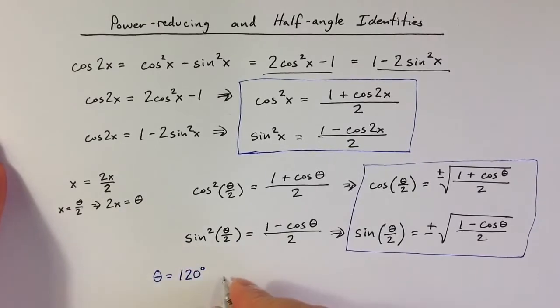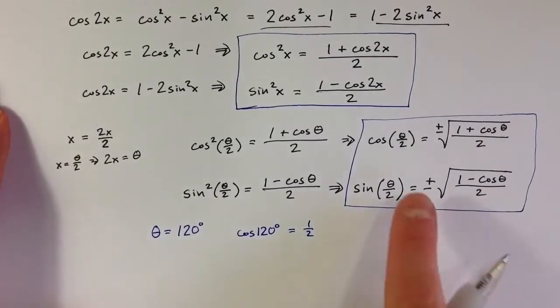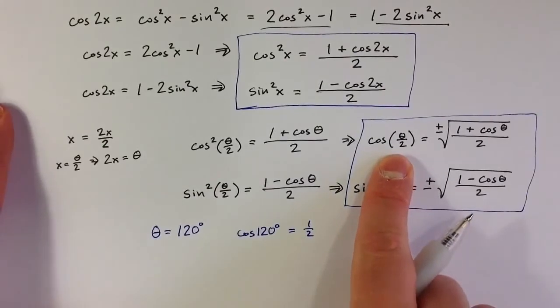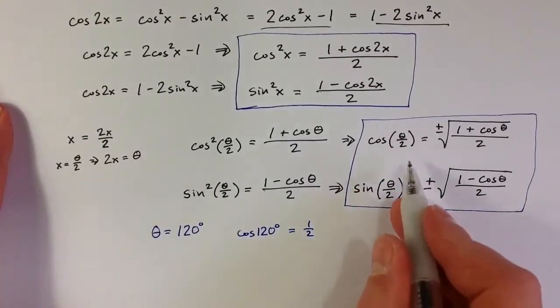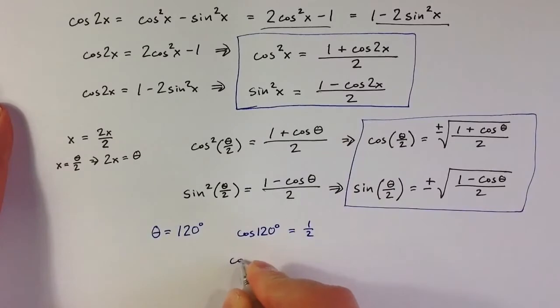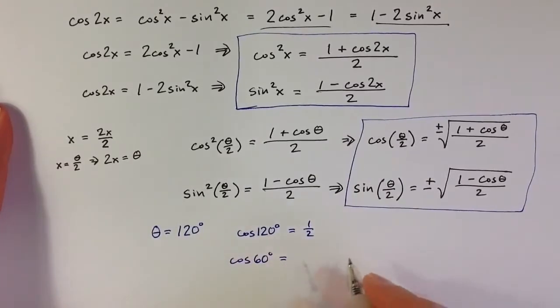We know that cosine of 120 degrees is equal to negative 1/2. The half-angle identity for cosine would give us cosine of 60 degrees, because 60 degrees is half of 120. Well, I know that the cosine of 60 degrees is going to be positive.